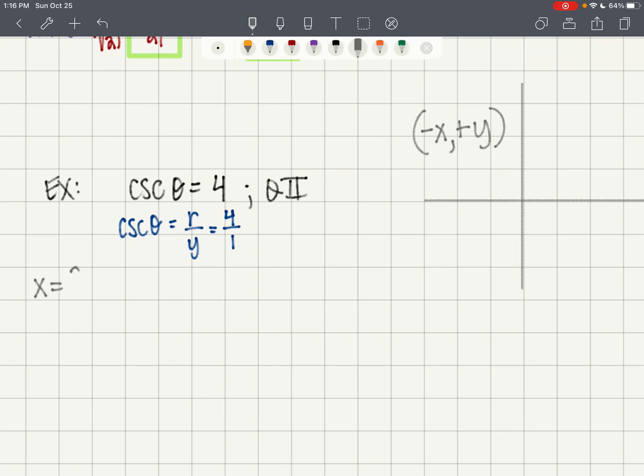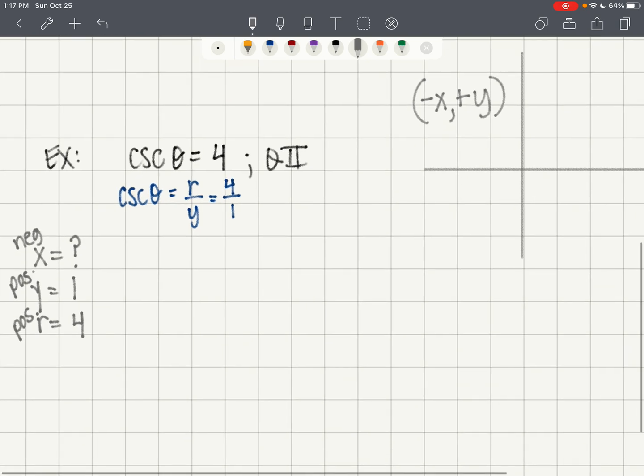So we have x is unknown, y is 1, and r is 4. Now, x is going to be negative, y is going to be positive, and r is always positive. And I found that by looking right here at the ordered pair.